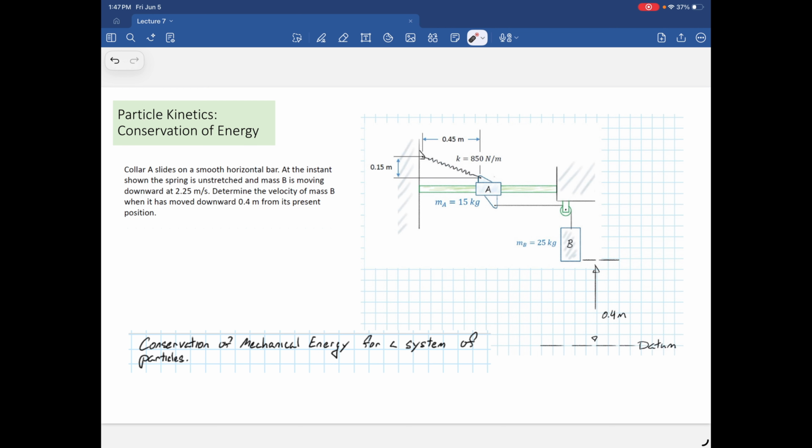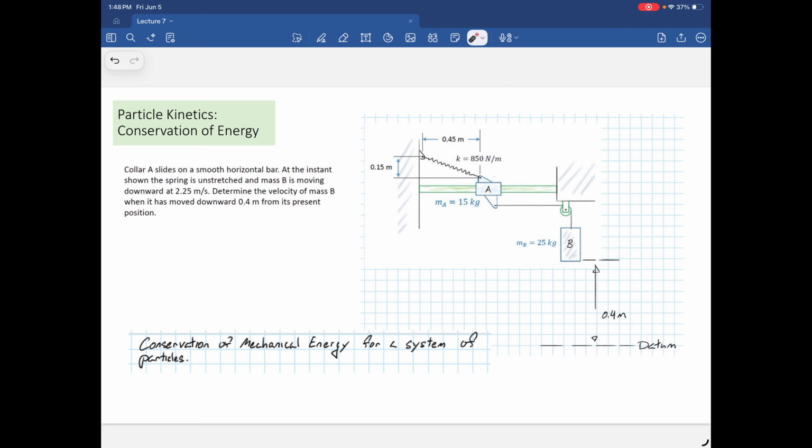At the instant shown, the spring is unstretched. So we will be able to figure out, using Pythagorean's theorem, the current length of the spring, and then A will move to the right, so this 0.45 will become 0.85.